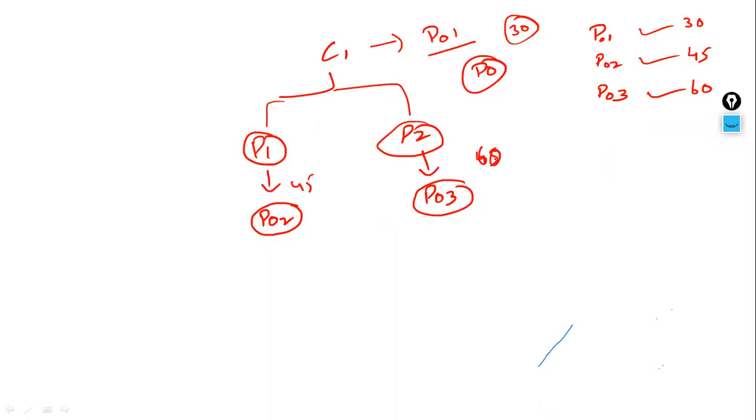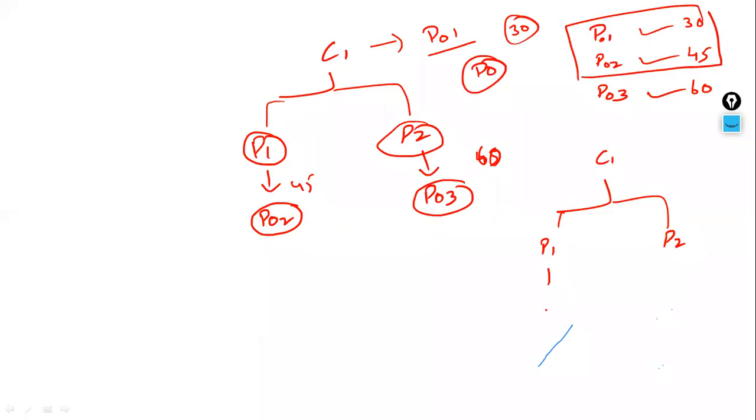Let me take another scenario. You have a company code, plant 1, and plant 2, and now you have only two purchase organizations. Purchase organization 1 is assigned here, purchase organization 2 is assigned here, and in centralized I assign purchase organization 2.